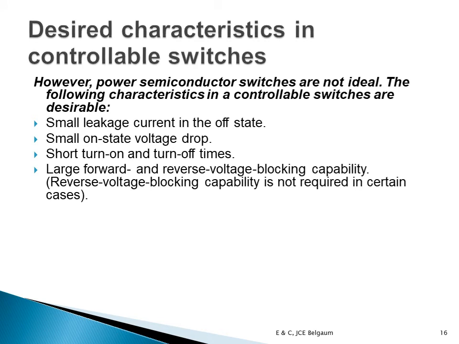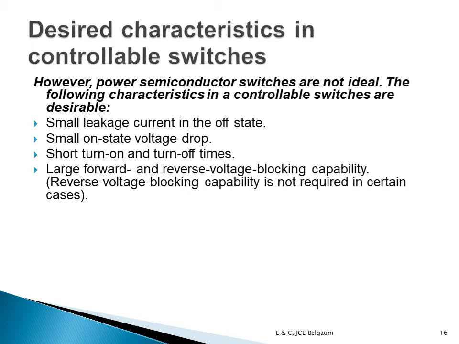Then large forward and reverse voltage blocking capability. See, if I want to turn off the device, it will be in the third quadrant, and the device is going to bear a heavy reverse voltage across it. A large reverse voltage will come across it in the third quadrant, and basically this reverse voltage is because of whatever external voltage is connected to it.